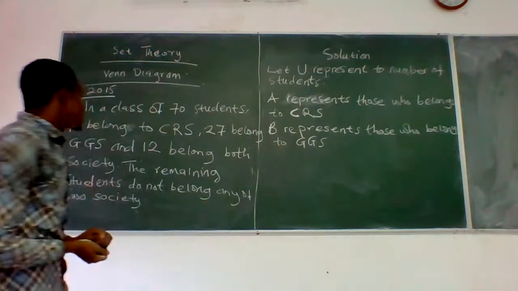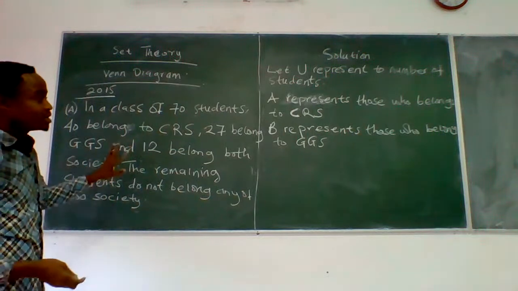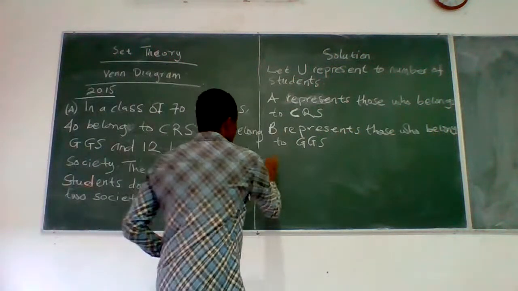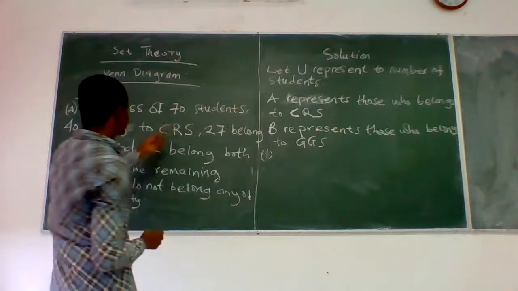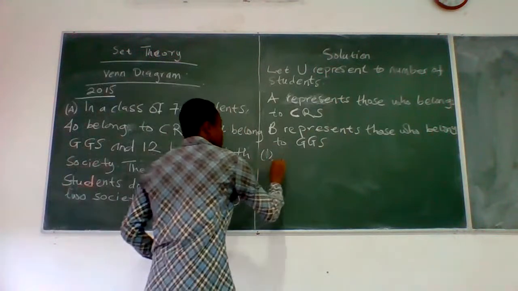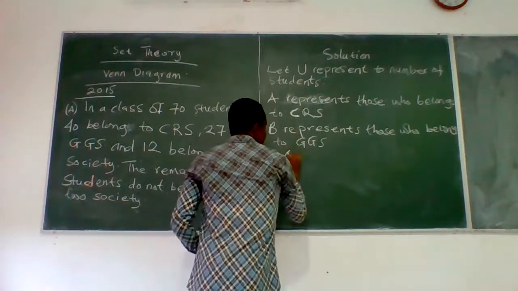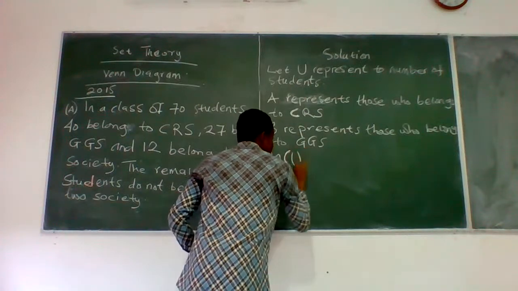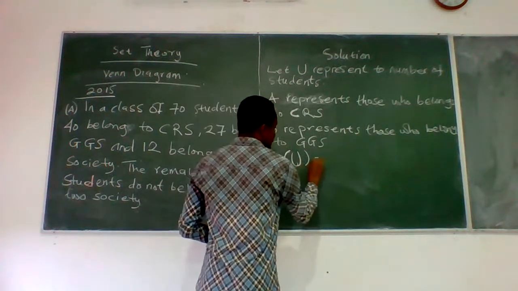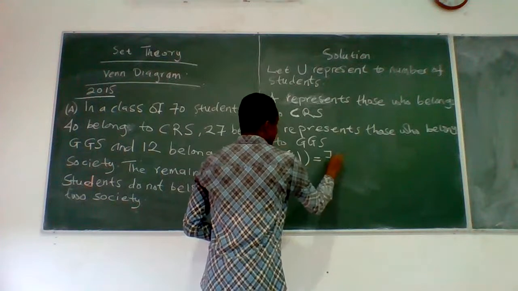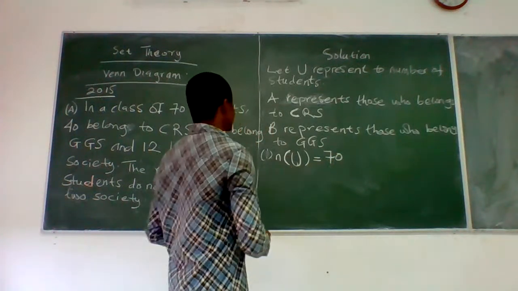So the next step is to write out the important information. We have the total number of students, so we represent it like this: n(U) is equal to 70. This is the total number of students in the class.